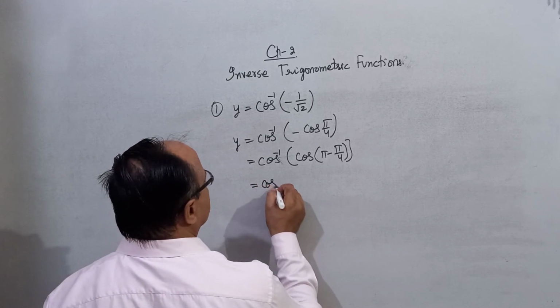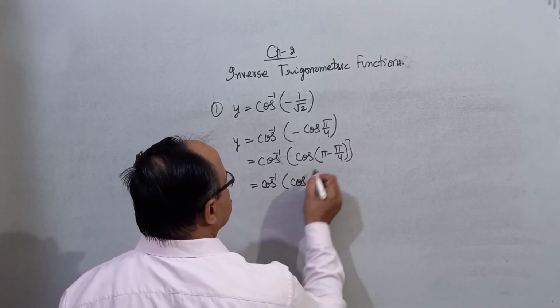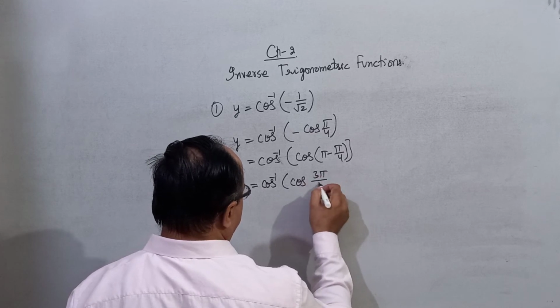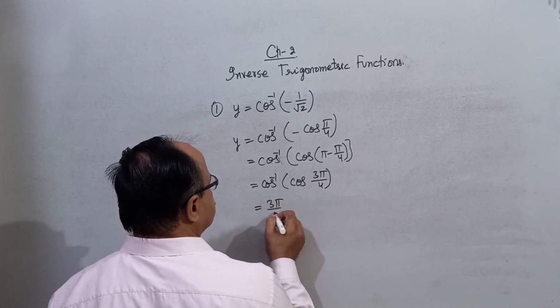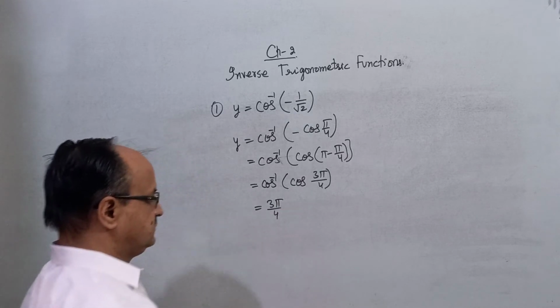And cos inverse of that, pi minus pi by 4, means 3 pi by 4. So according to the property, this is equal to 3 pi by 4.